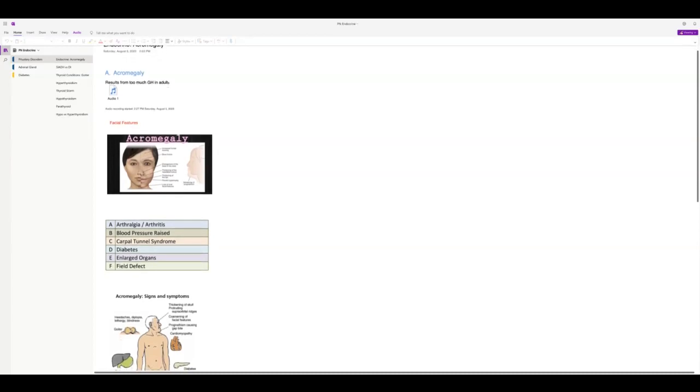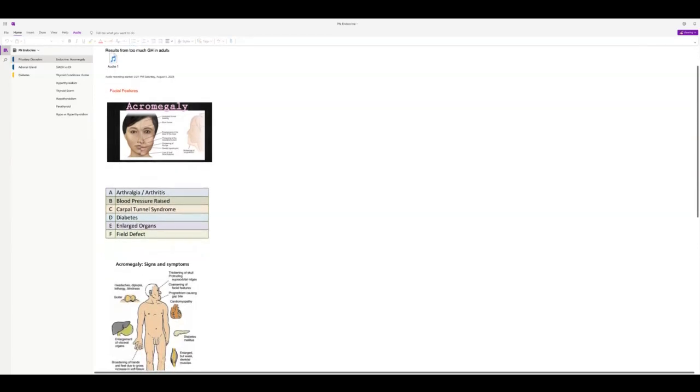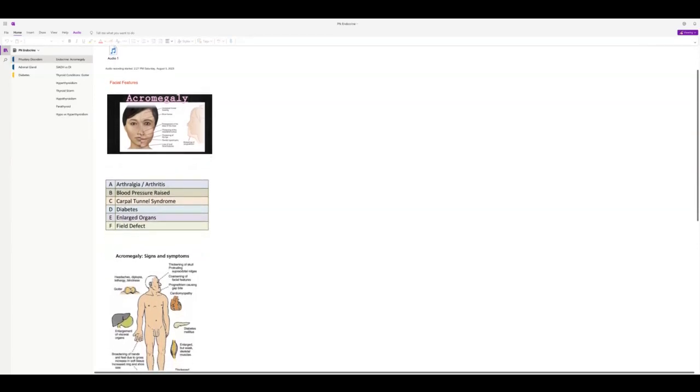Their blood pressure is going to be high. They can develop carpal tunnel syndrome, diabetes. So they can develop diabetes due to the increase in growth hormone. They have enlarged organs, which is not good. And field deficit speaks to, they can have double vision and visual problems. So that is a safety risk.